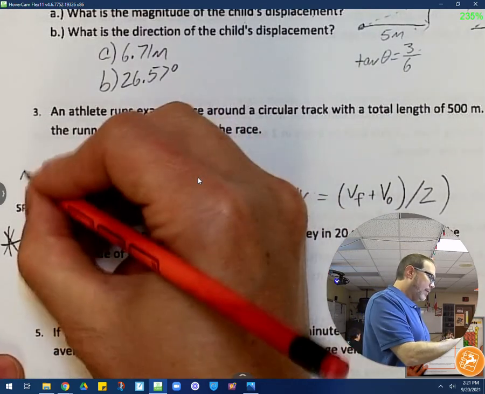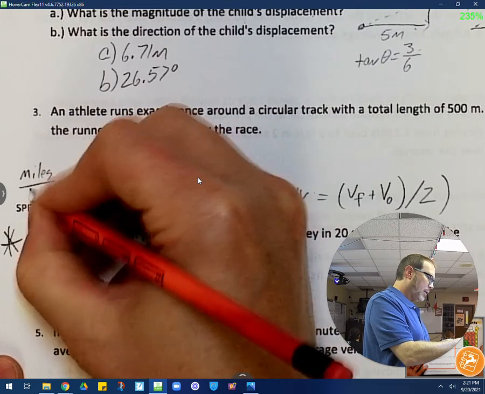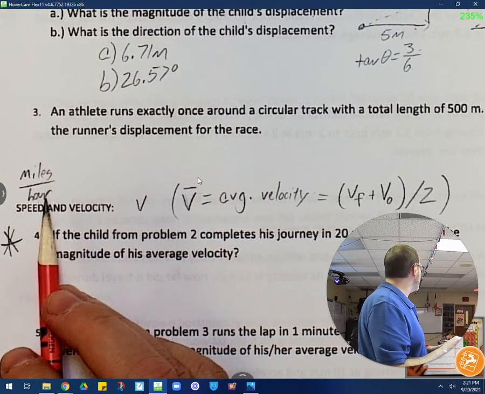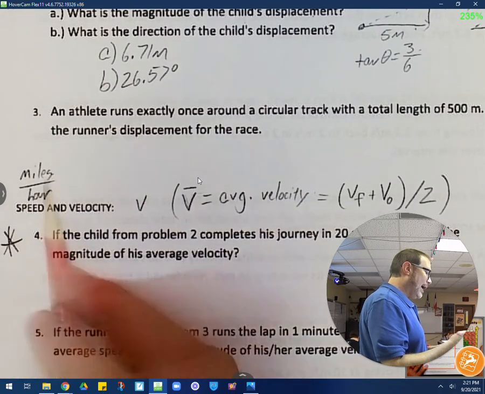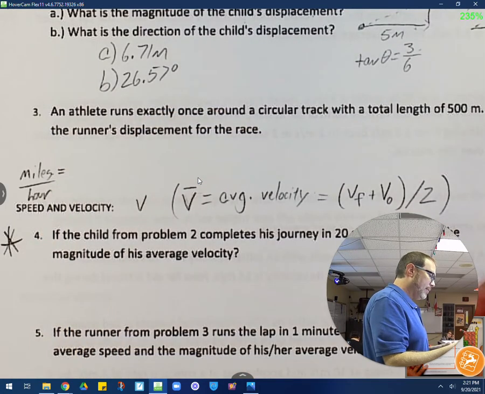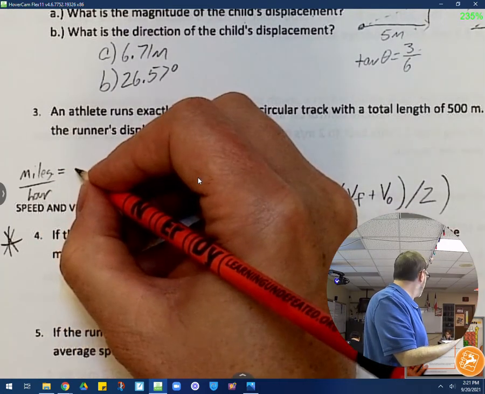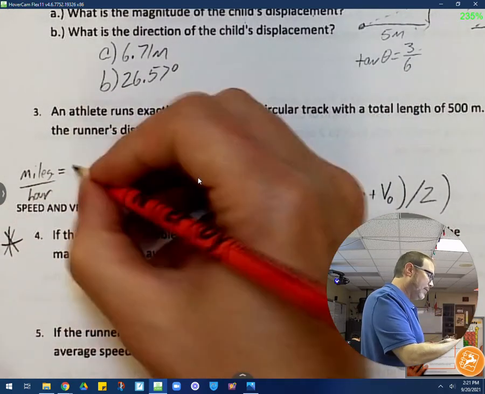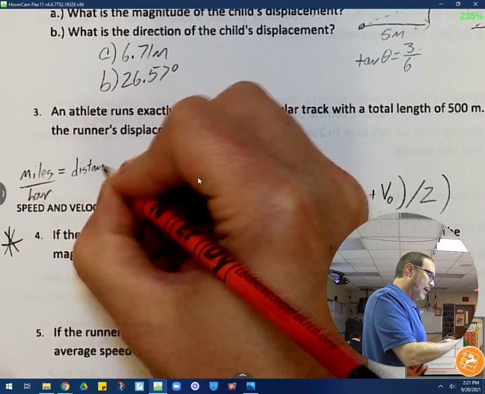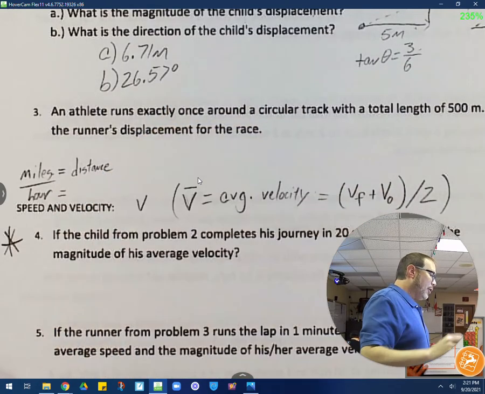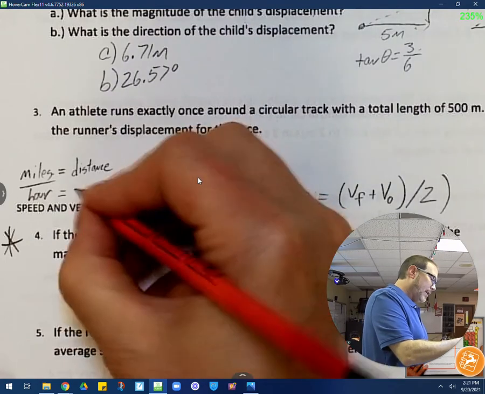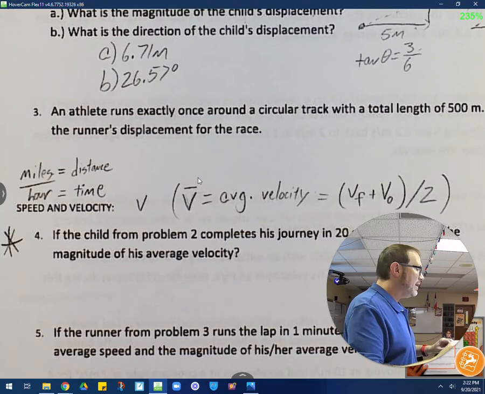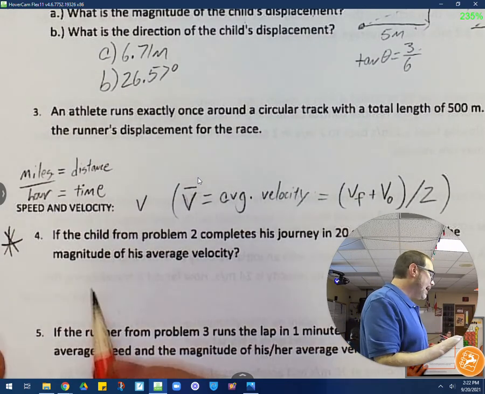There are two things you need to know to determine speed: miles, which measure distance, and hours, which measure time. So to tell the speed of anything, you need to know the distance it's covering and the time in which it's covering it.